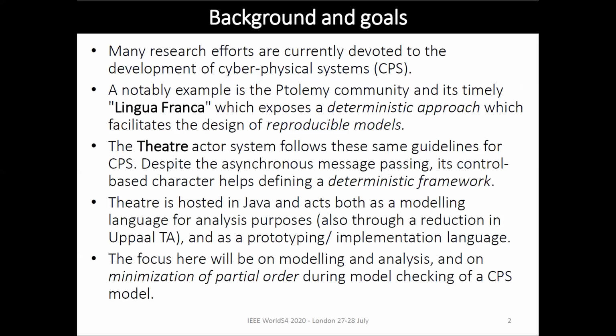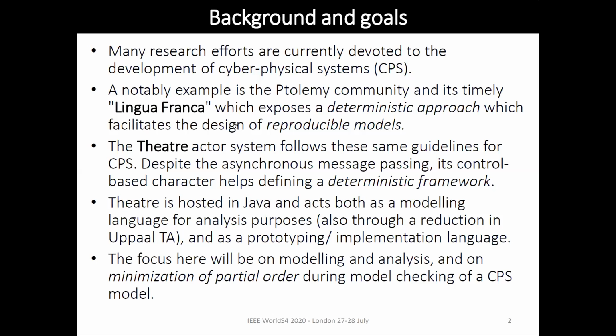Theatre is an actor system which follows some international efforts in progress, trying to model and then implement cyber physical systems.